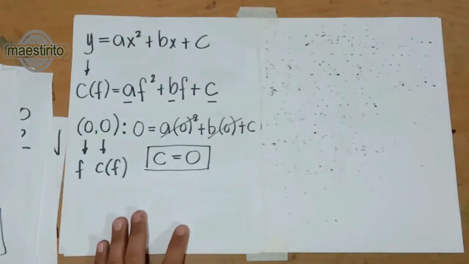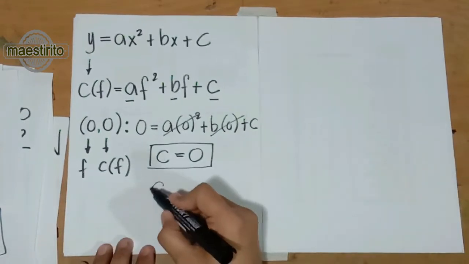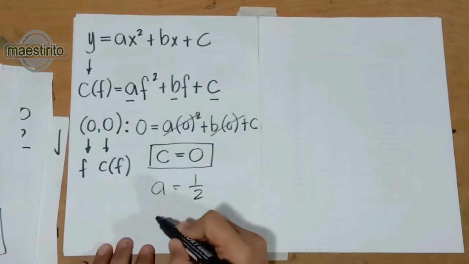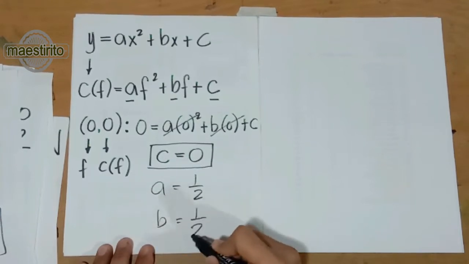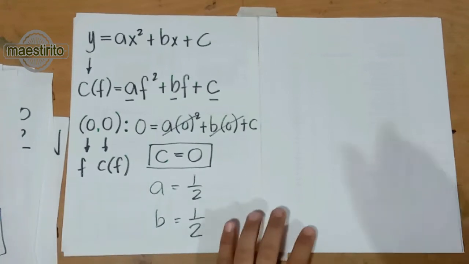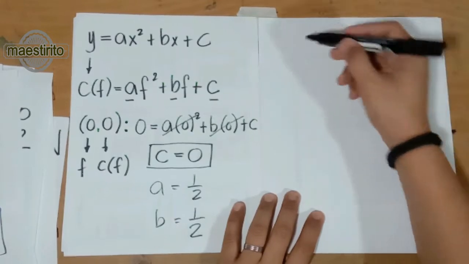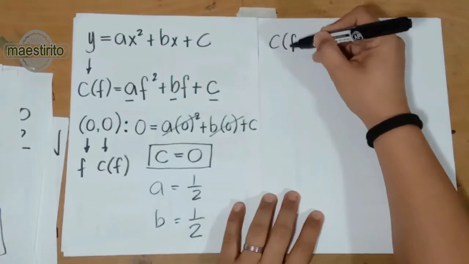So let's go back here. Let me write the a here, which is 1/2. Let me write the b, which is 1/2, the values that we have found using substitution and elimination. Therefore, we can now have the model for that, c of f.